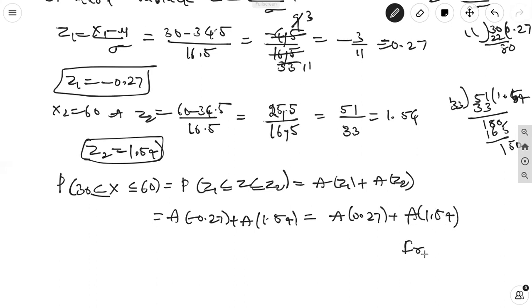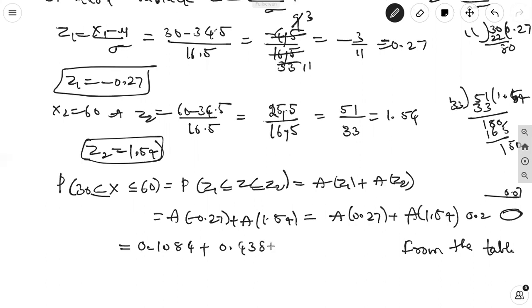From the table, here we can take 0.2 and here 0.07. Where the coincident area is, that is equal to 0.1084. The value of 0.27 for 1.54 is plus 0.4382.